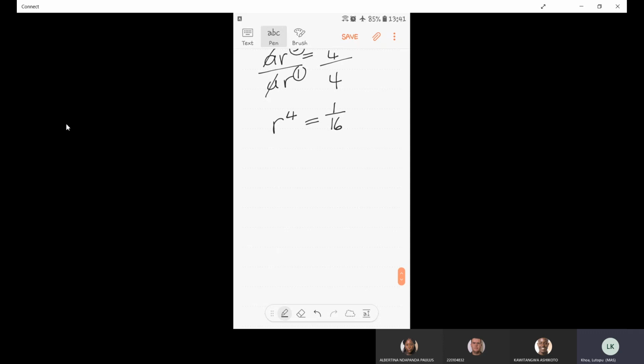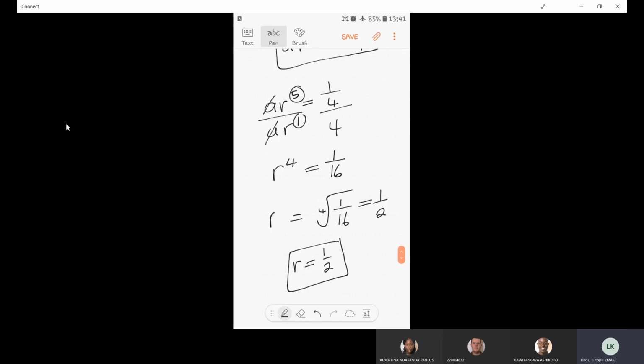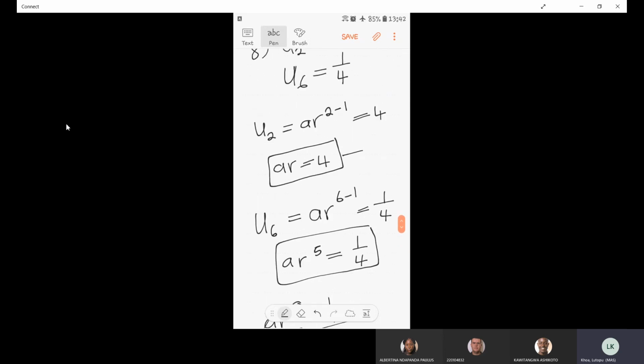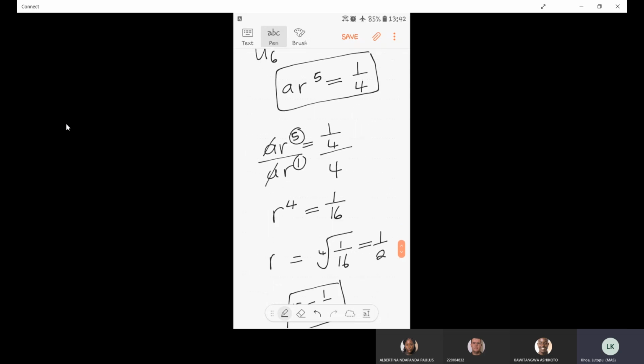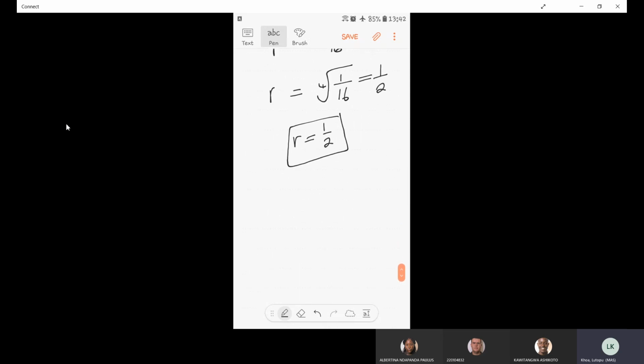Okay, then r to the power of 4 is equal to 1 over 16. This means that r is just the fourth root of 1 over 16, and this is equal to a half. So I have my r, which is equal to a half. Now I use the first equation, substitute r in there, and then work out a. You can also use the second equation.